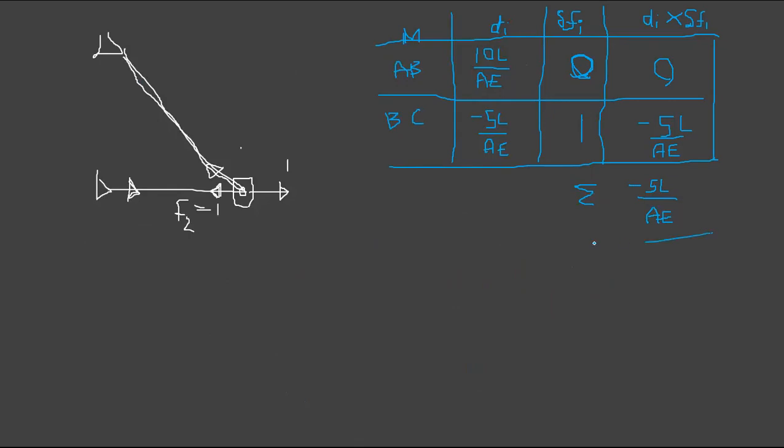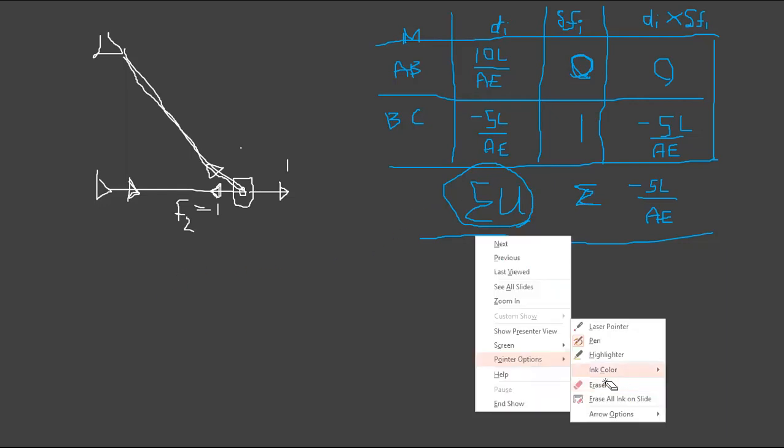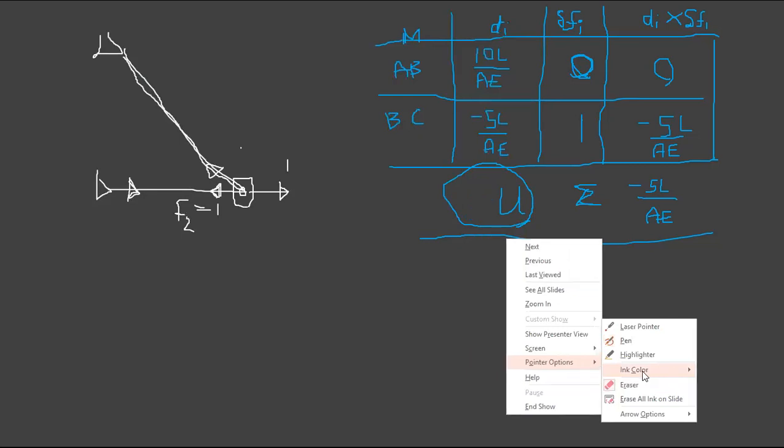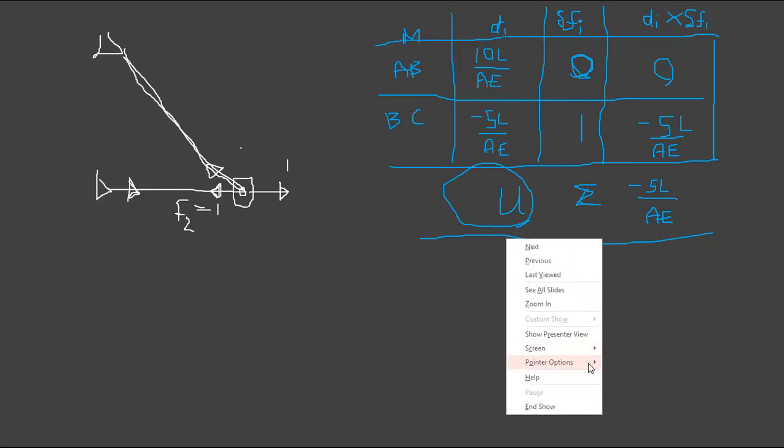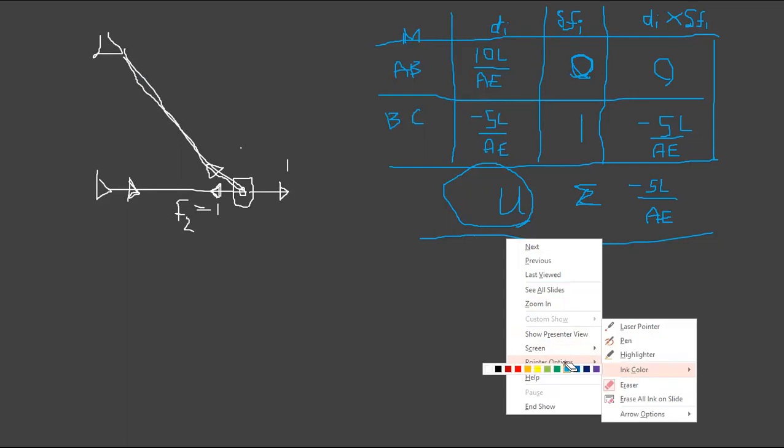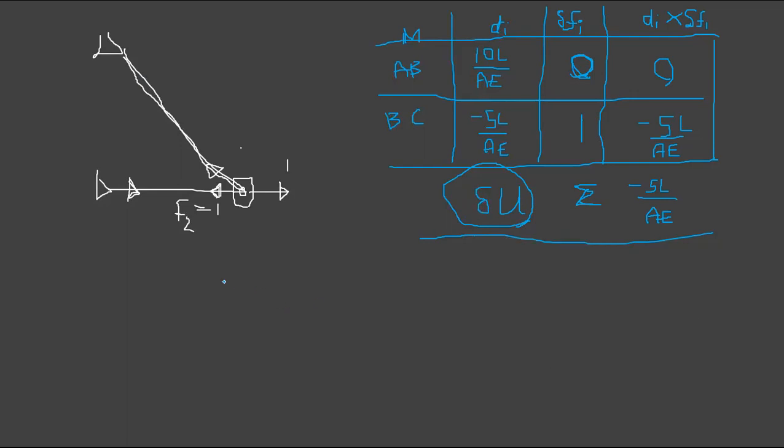Right? So that sigma is the total strain energy stored due to that virtual loading, right? So the stored energy, that's equal to, so this is not sigma, this is delta U. So this is equal to the external work done by that virtual force.